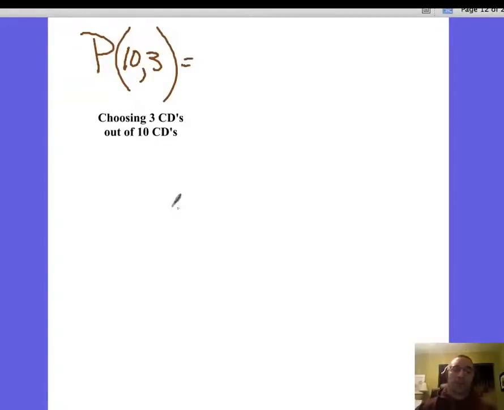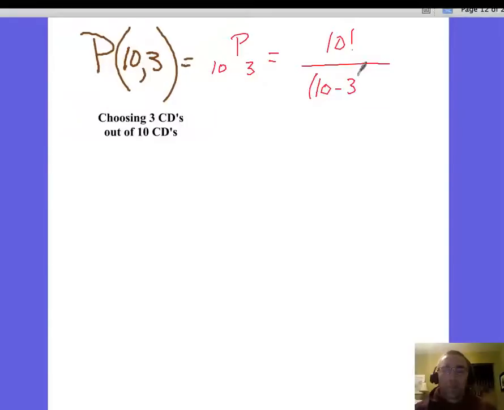Go back to the CD example. I'm going to choose 10 CDs and take 3 out of there. How many different ways can I do that? Formula says 10 permutate 3, which is 10 factorial over 10 minus 3 factorial, 10 factorial over 7 factorial.